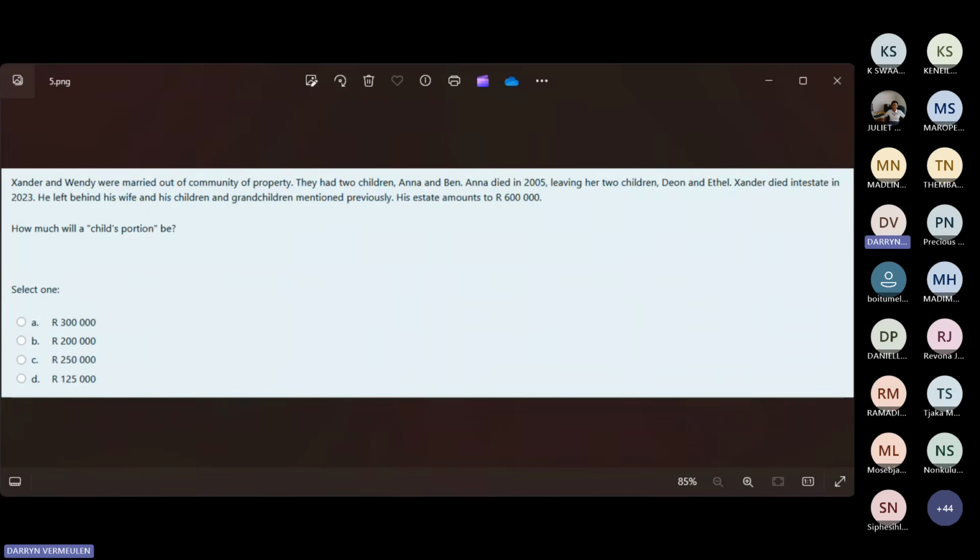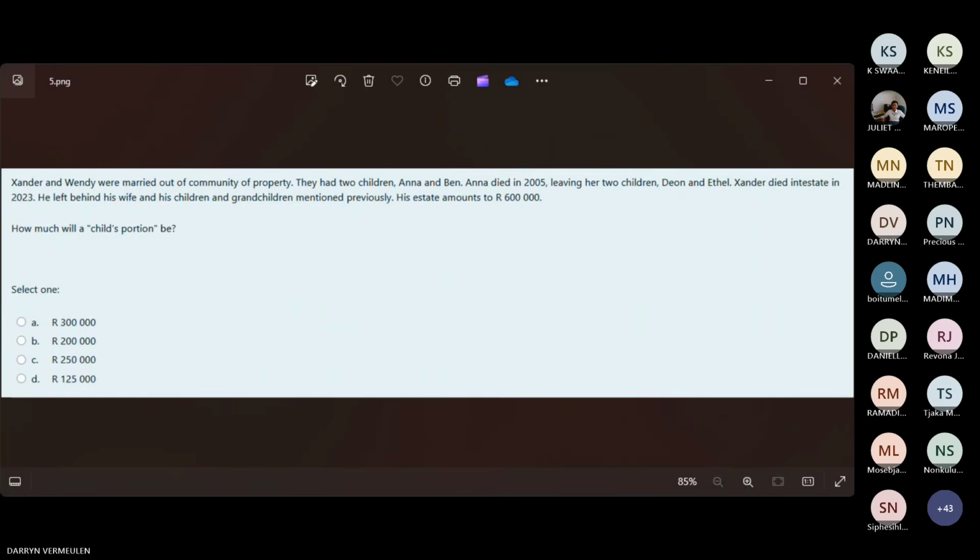So we only do the child's portion to see, does the spouse get the 250 limit, or does she get a child's portion? In our particular case, the limit that the spouse is allowed to take, they'll take the 250 for the spouse, and then whatever's left over will be divided out. And as you rightly pointed out, we'll be left with 350. And because we had 2 children, Anna and Ben, each one would get the 175,000.